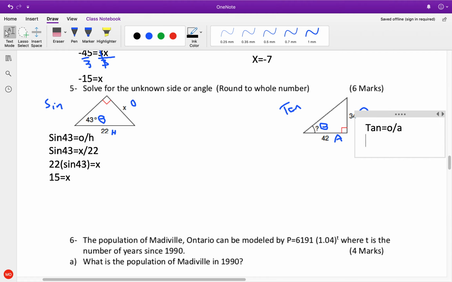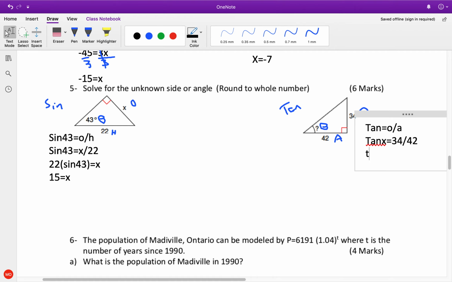If we plug everything in here, we have tan x equals 34 over 42. And 34 divided by 42 equals 0.81 approximately. So tan x equals 0.81.